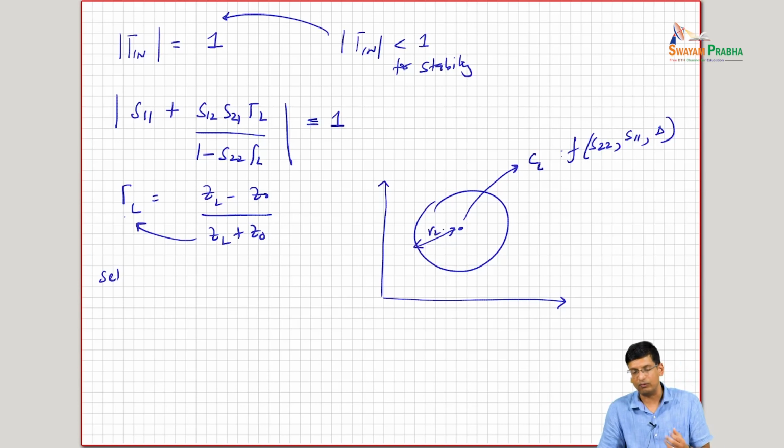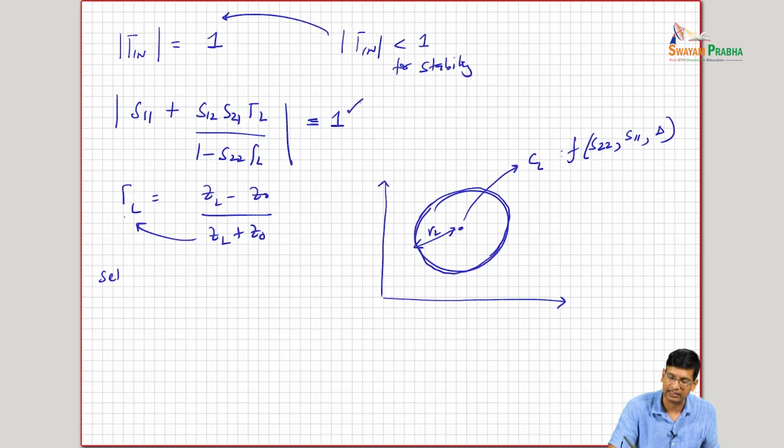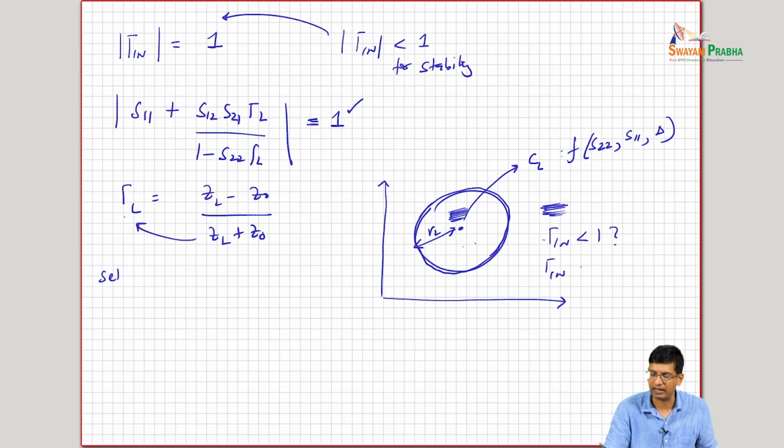But effectively, if this is the set of impedances that is going to give you this condition, then it may be true that all impedances inside this region give gamma in less than 1, or all impedances outside this region give gamma in less than 1. One of the two. So you don't know whether the regions inside are stable or outside are stable.